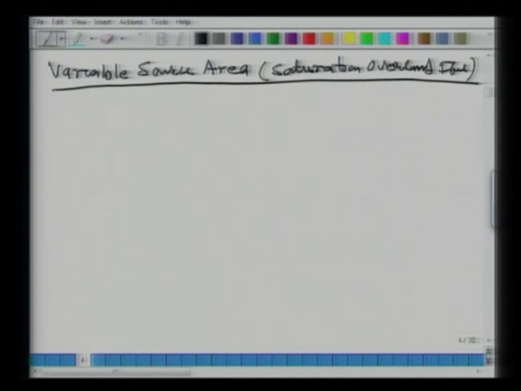As the name suggests, what is the variable source area? We are observing runoff at the outlet of a catchment due to rainfall, and the subsurface zone is saturated from below, due to some reason, rainfall upstream in the catchments. So at any given point of time, the fraction of the area of the catchment that is contributing runoff at the outlet will be different.